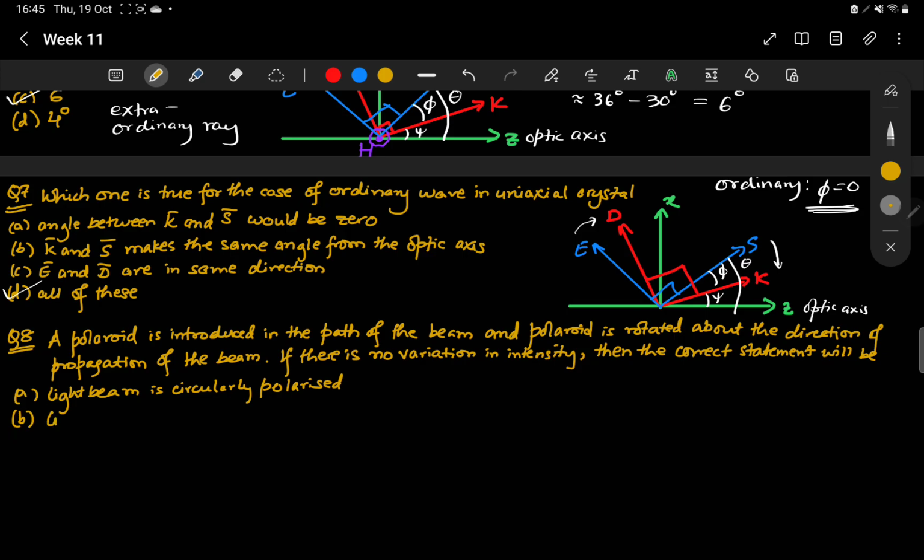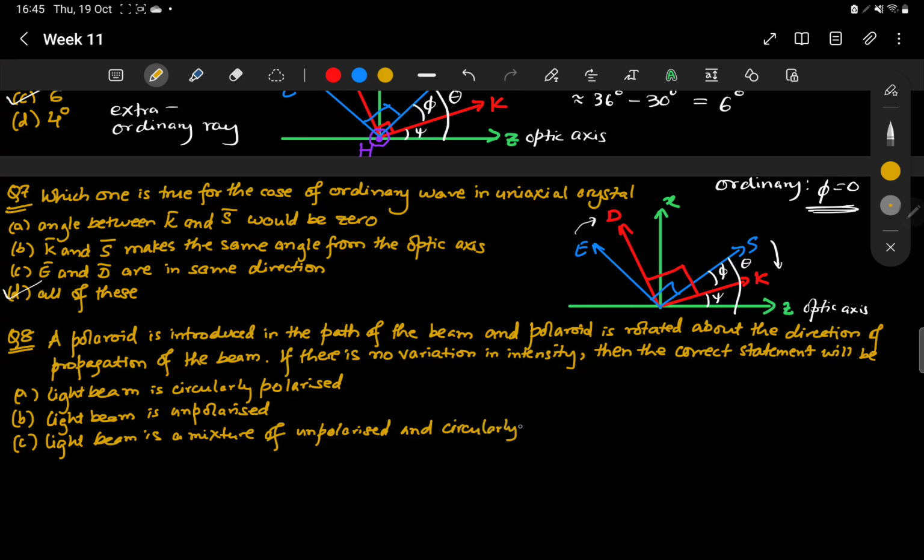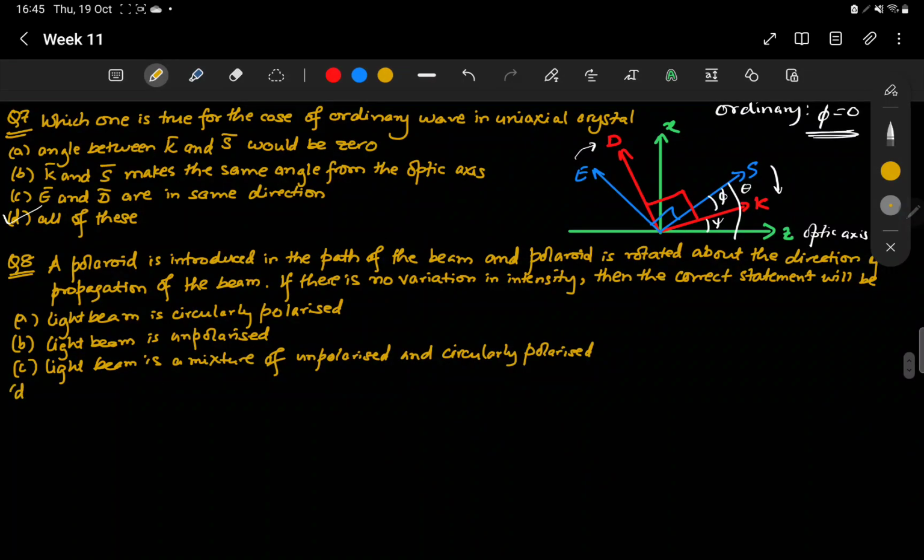B, light beam is unpolarized. C, light beam is a mixture of unpolarized and circularly polarized. Or D, all of these?